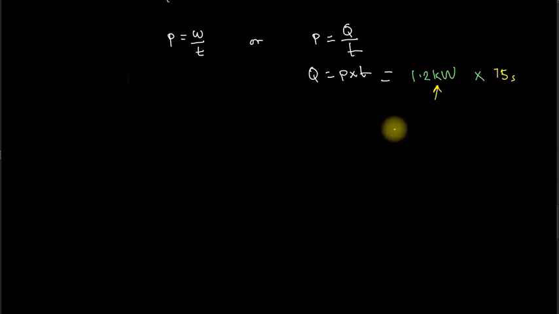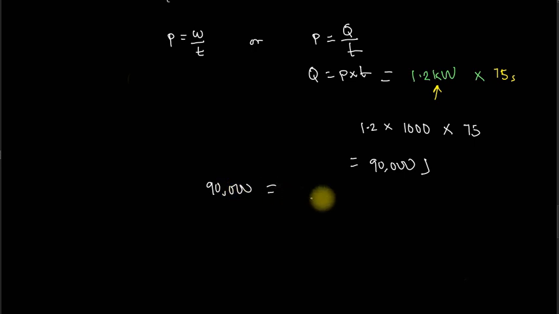So we have 1.2 times 1000 times 75 to get our answer in joules, which is 90,000 joules. Now we can equate that 90,000 joules is equals to MC change in temperature.